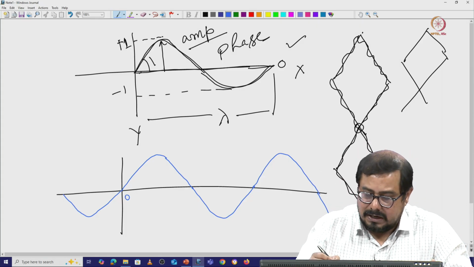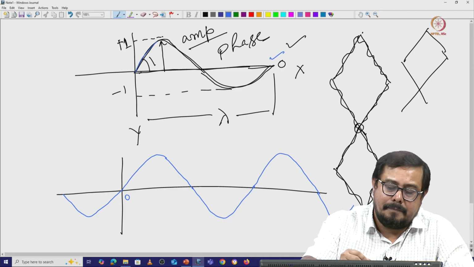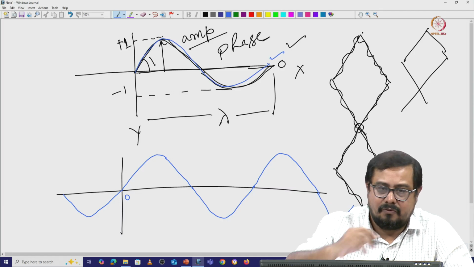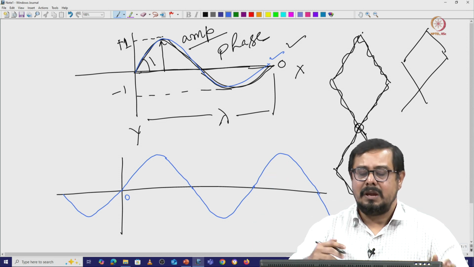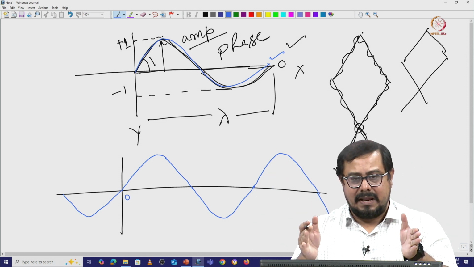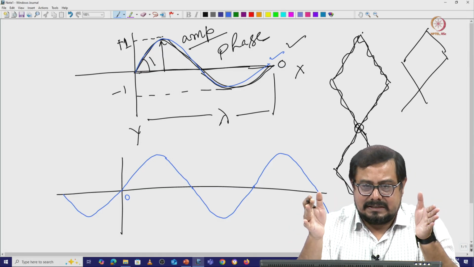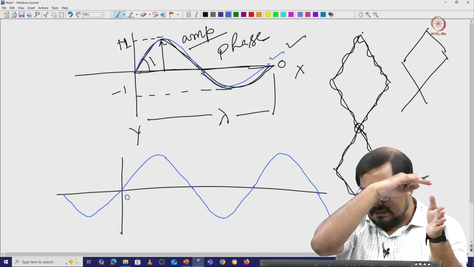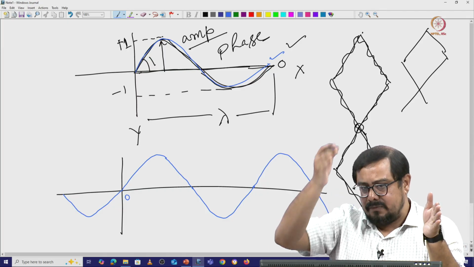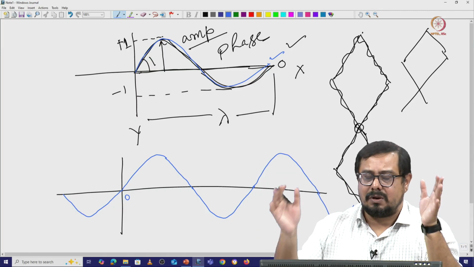I told you that if you just consider this particular wave, this is one complete full cycle, and we can tell that it is completing one wavelength. So, in a unit distance, how many waves are going, how many oscillations are there, that is called the frequency.